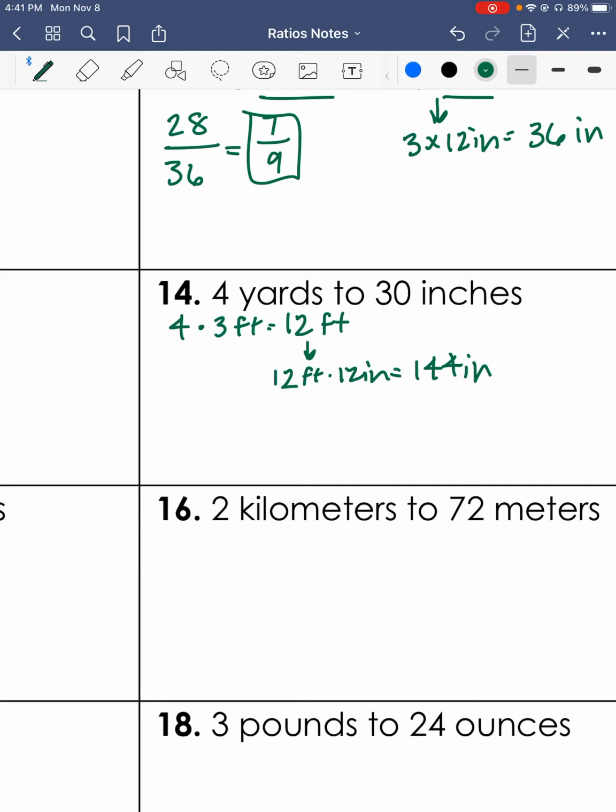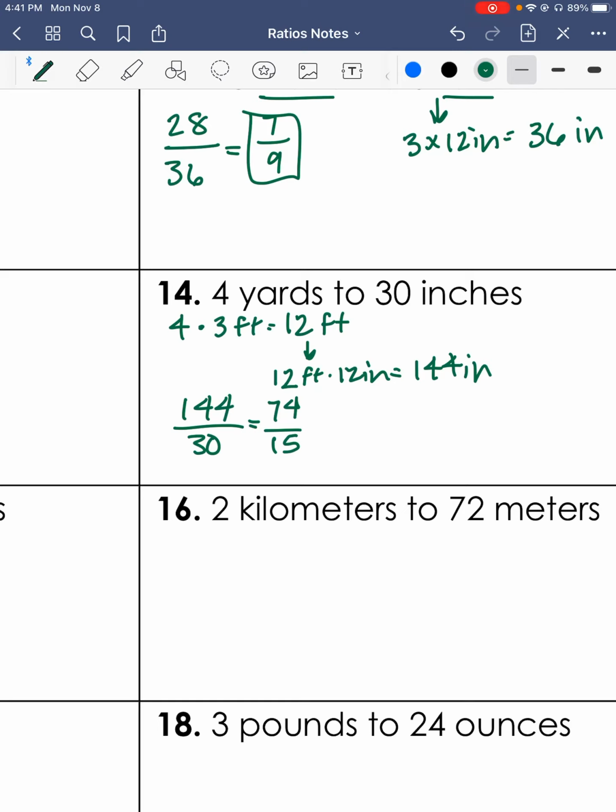Okay, so our ratio here is going to be 144 inches to 30 inches. Just off the top of my head, it looks like we can just divide each of these by, I don't know, let's try 2. So that's 72 over 15.